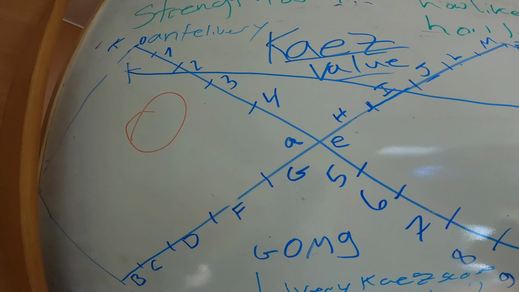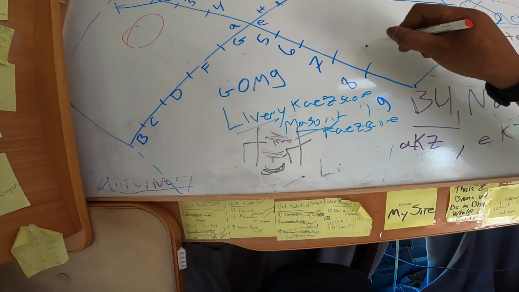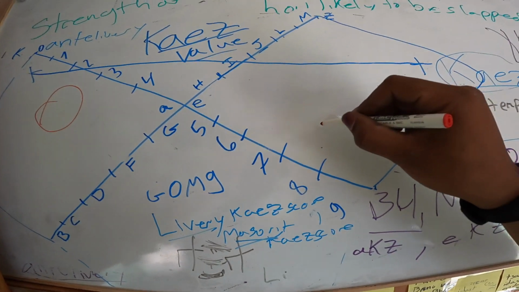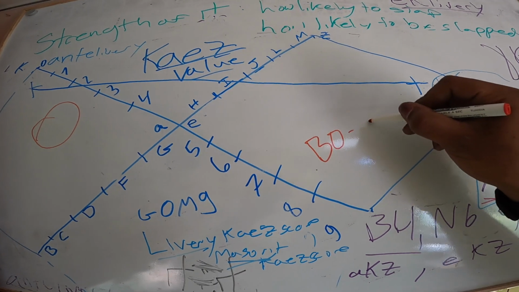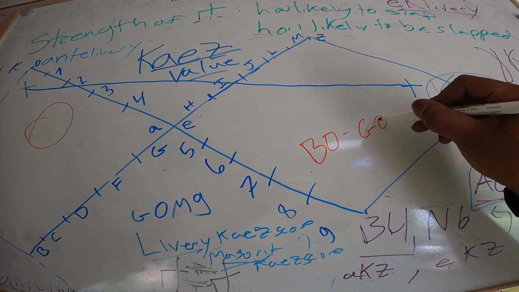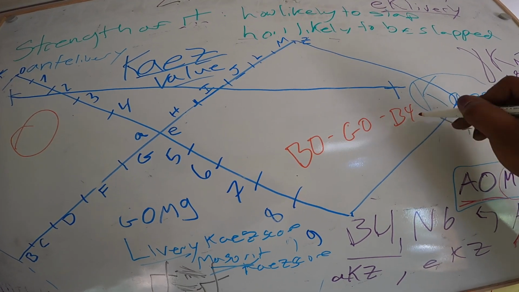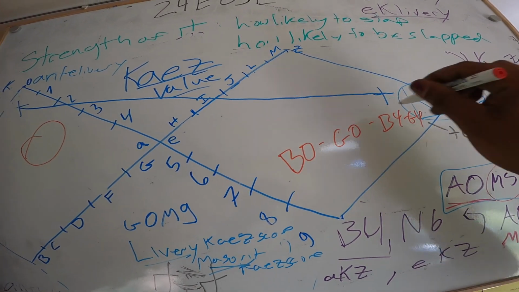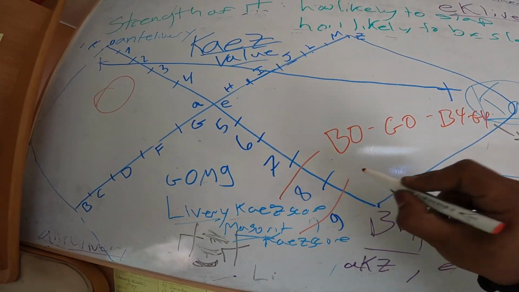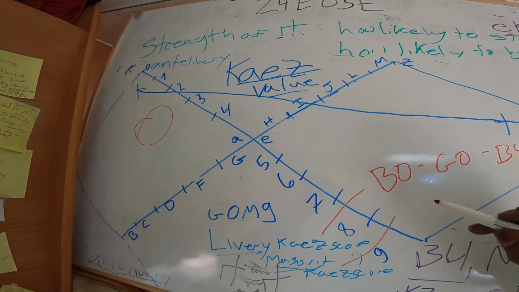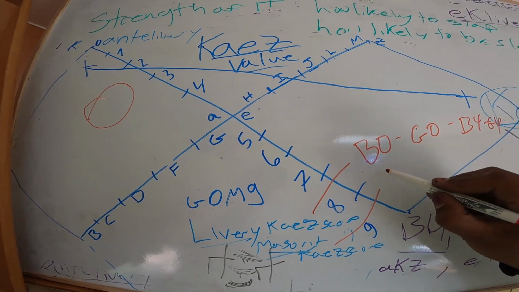So a livery Kaez score can be anything from B0 to G0 to B4 to G4. Anything in there. And then a Mazoret Kaez score can be anything in both, so that can be anything from, well, I'm not going to write them out. Oh yeah, I will.